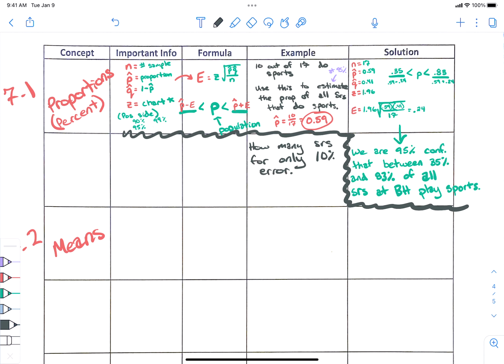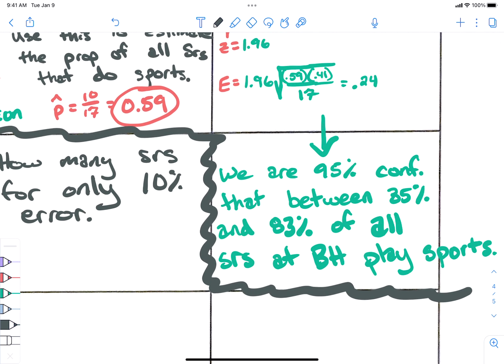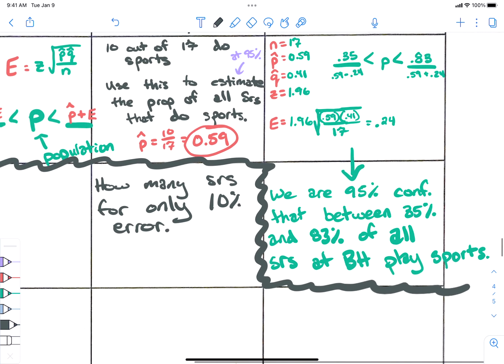If I want to bring my error down from 24% to only 10%, how many seniors do I have to survey? Is it going to be more or less than 17? More, because I'm going to be more accurate, right? So we know it's going to be more.